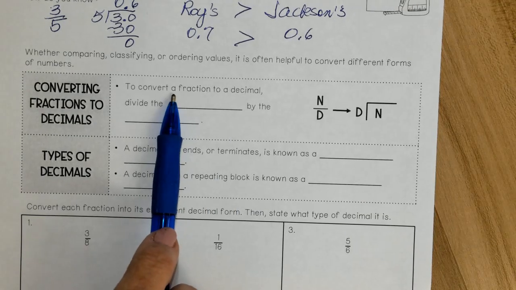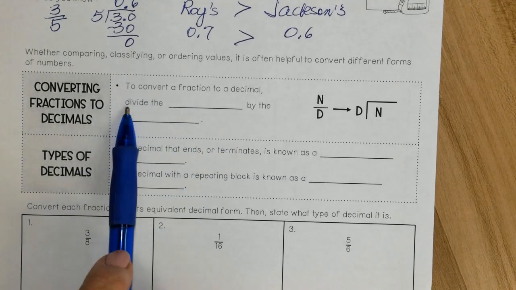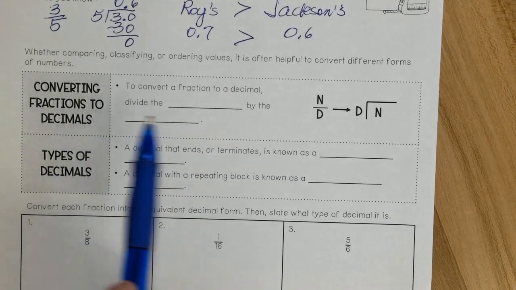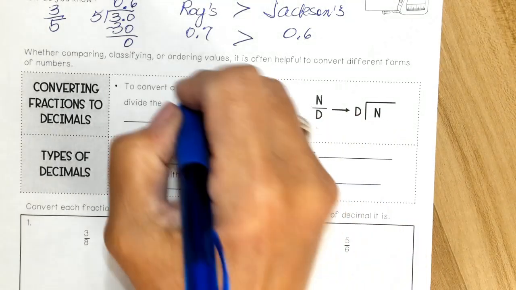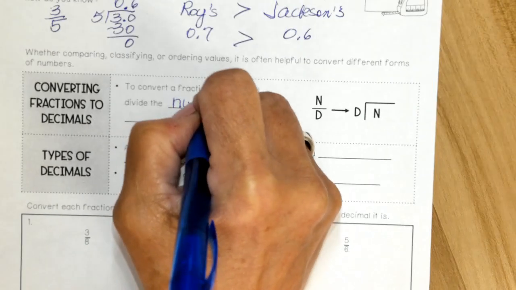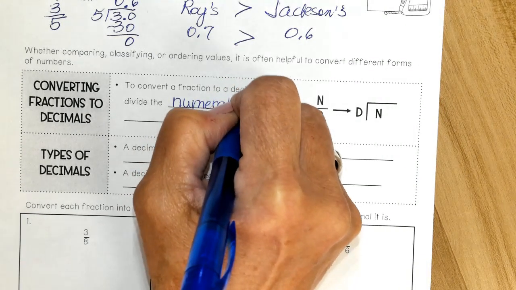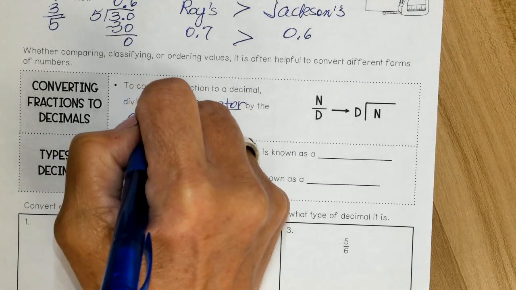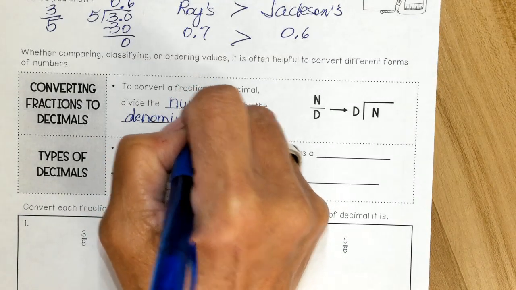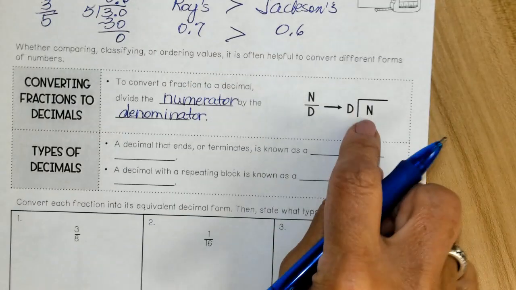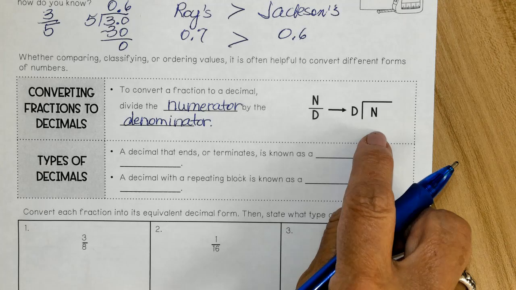So to convert a fraction to a decimal, you divide the blank by the blank. The numerator by, yes, very good.